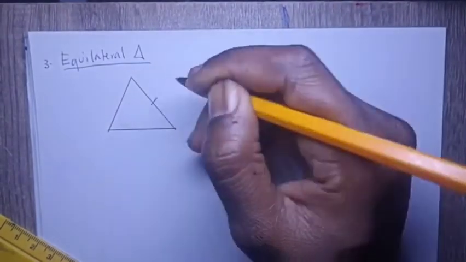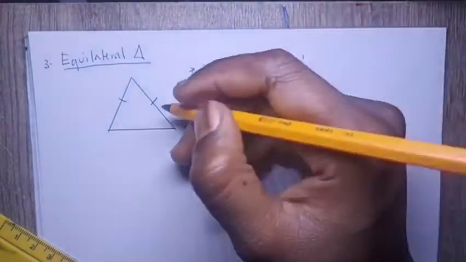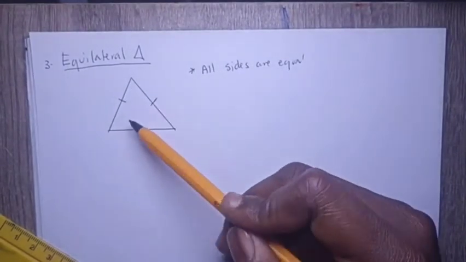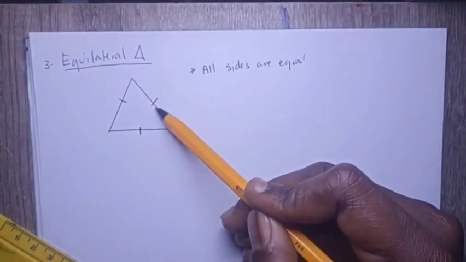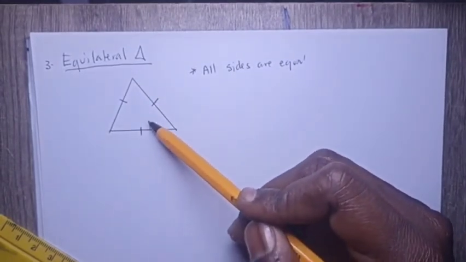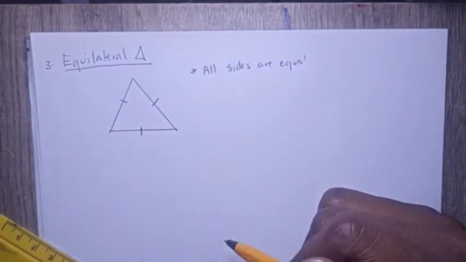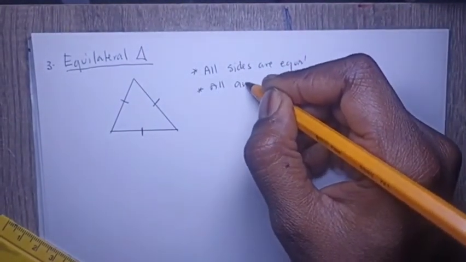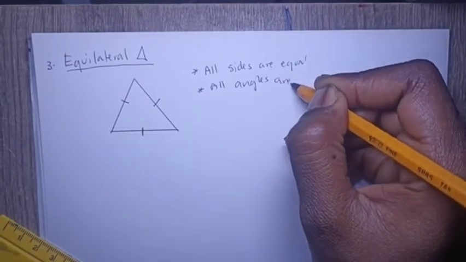So if this is 5 centimeters, this is 5 centimeters, and this becomes 5 centimeters. Obviously, I'm not drawing to scale, but once you see the strokes being the same, if here it was 2 and it's 1, 1, this tells you which sides are the same. They are represented using the same symbol. Then, very important, all angles are equal.